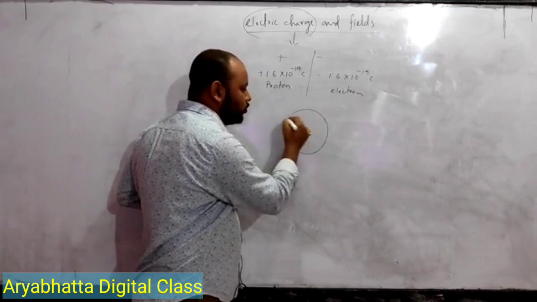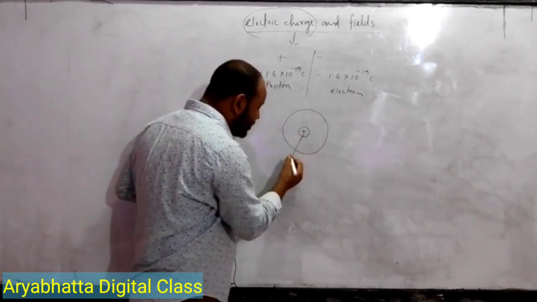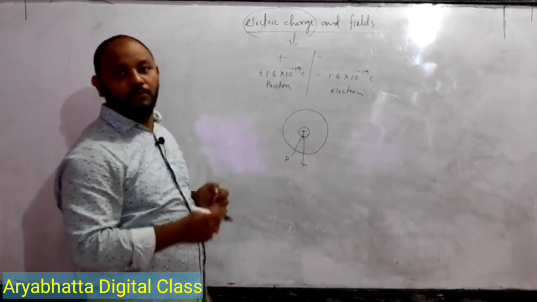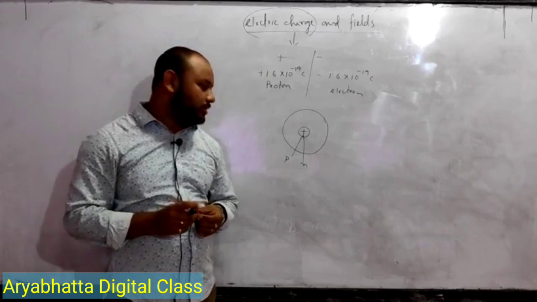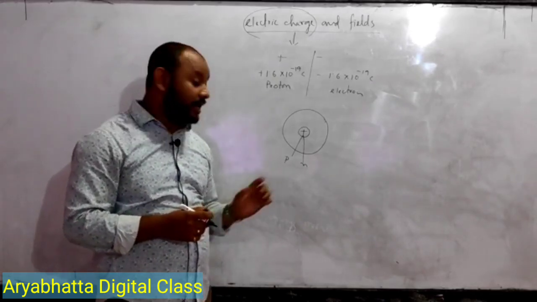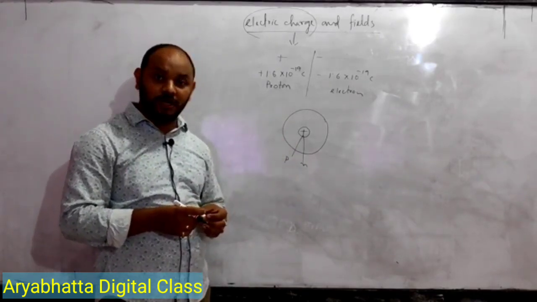Inside the nucleus, protons and neutrons are there. The protons are positively charged, that is why the nucleus is positive, and neutrons are chargeless particles.